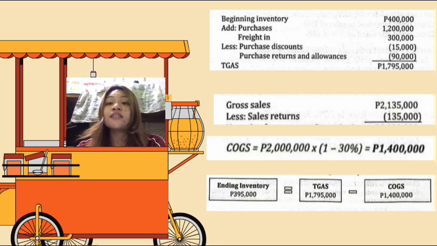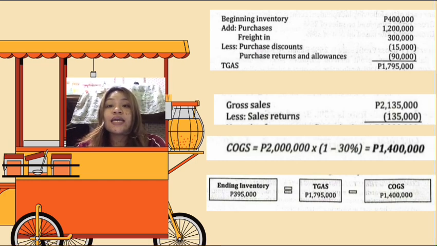Next, compute the amount of net sales from which the amount of COGS is derived. Net sales for the gross profit method is computed as follows. Gross sales of 2,135,000, less sales returns of 135,000, so our net sales for gross profit method is 2 million.